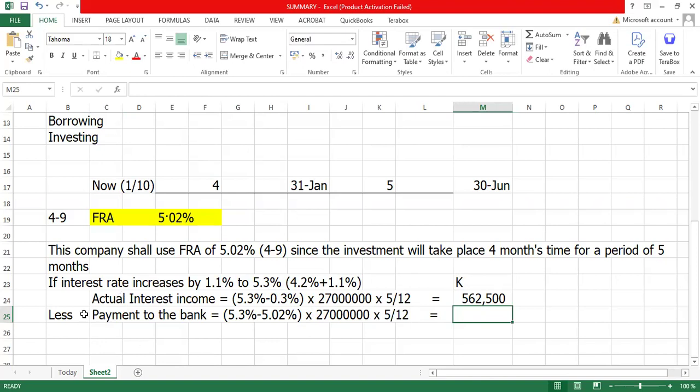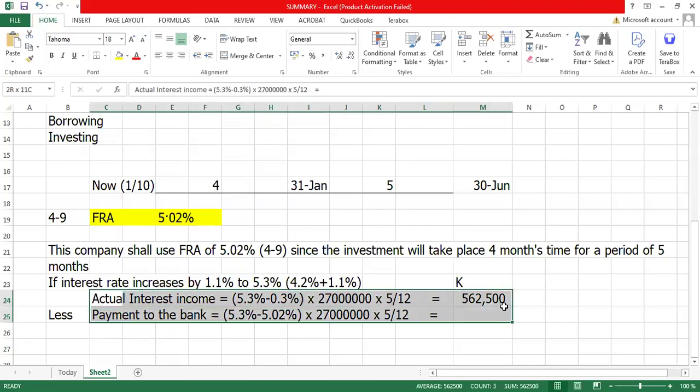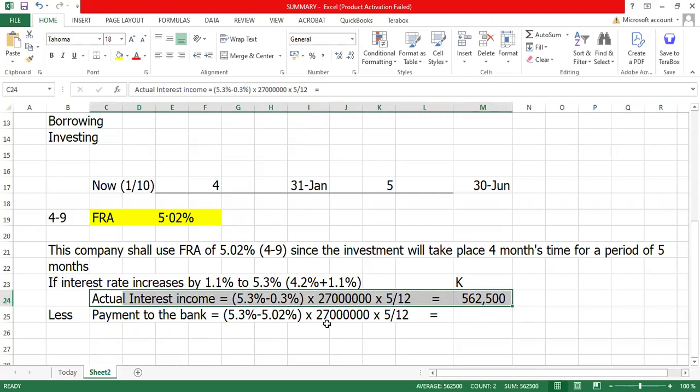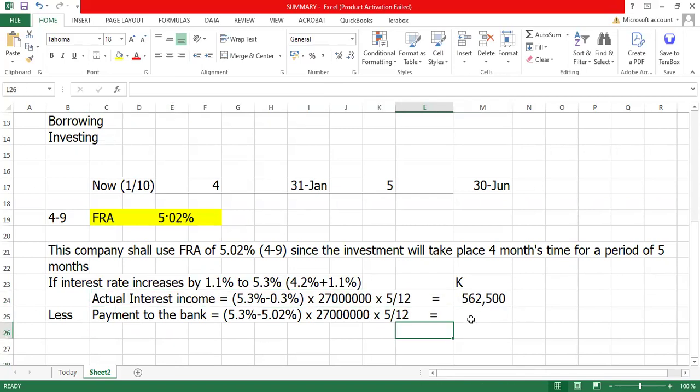So what we put here, colleagues, you consider the one benefiting. If the banker is benefiting, the banker must compensate. If the banker is compensating, it means your income is increasing, so you add. But if you are the one making payment, you're reducing the income.